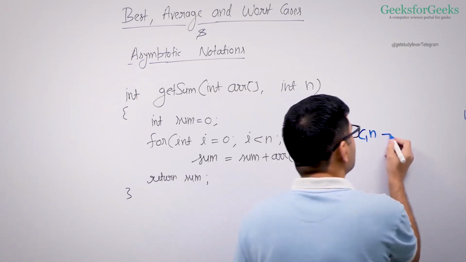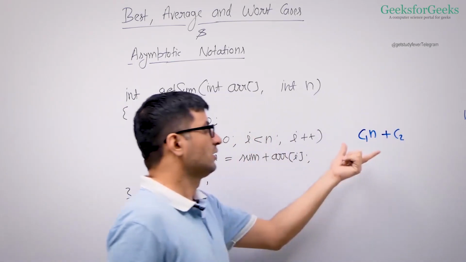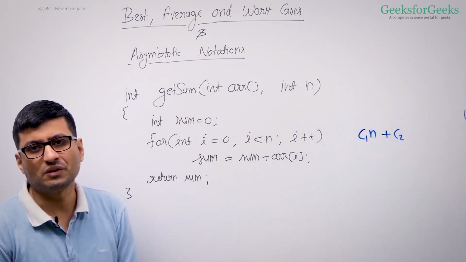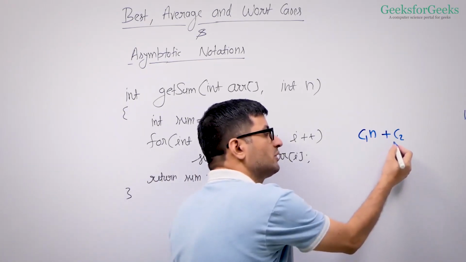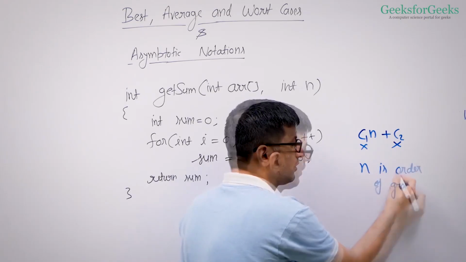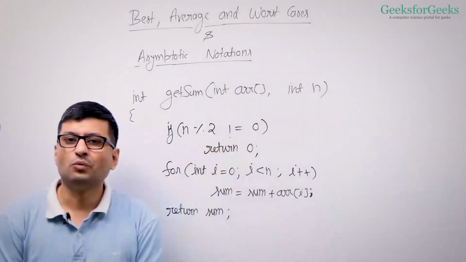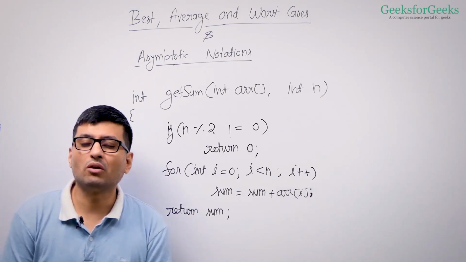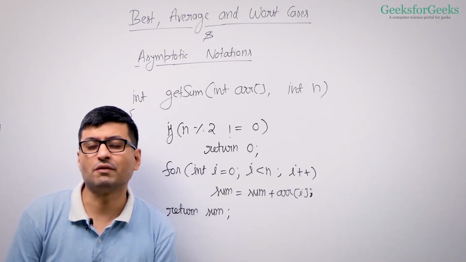So c1n plus c2 is the time taken by this function, and if we ignore the lower order terms and ignore the leading constants, we say that n is the order of growth. We just figured out simple order of growth for a simple function.